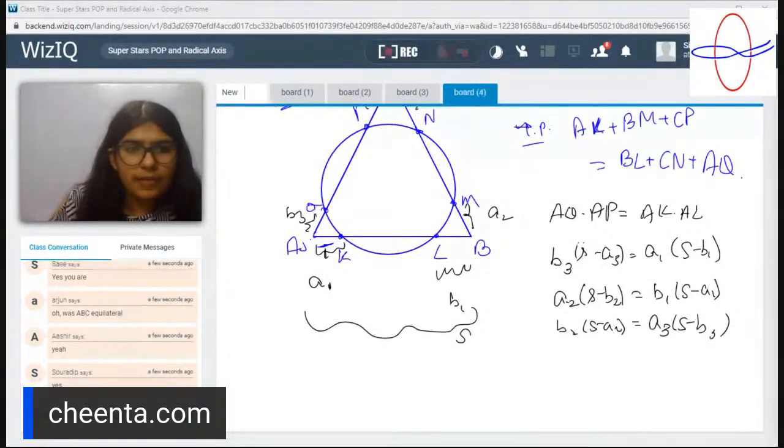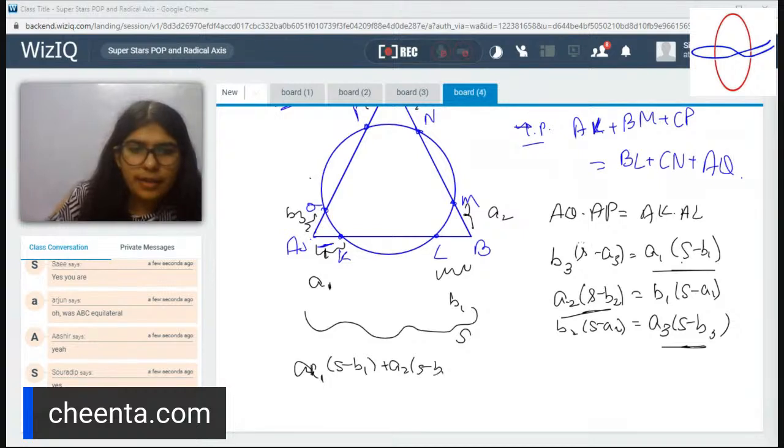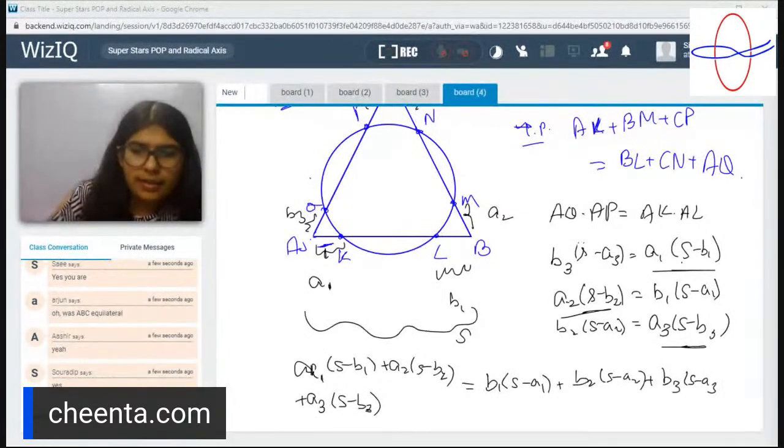Now sum these. A1 into S minus B1 plus A2 into S minus B2 plus A3 into S minus B3 equals B1 into S minus A1 plus B2 into S minus A2 plus B3 into S minus A3, right?